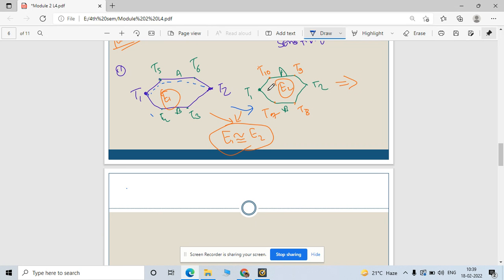So if you find a different temperature due to the different conditions of your surroundings, then there is a potential created for that, right?